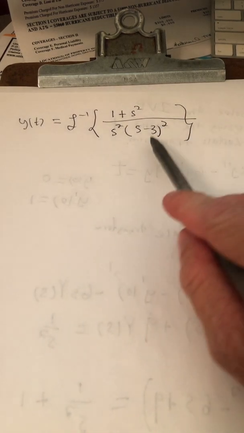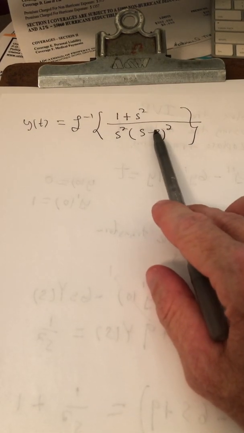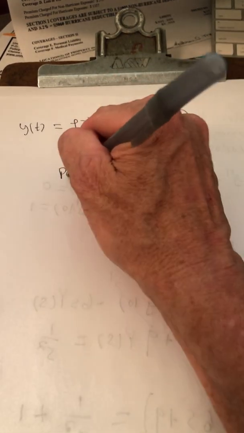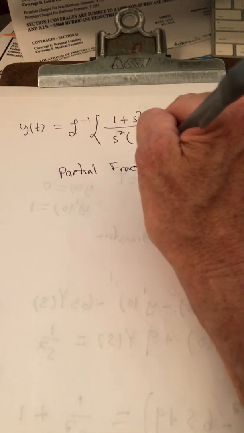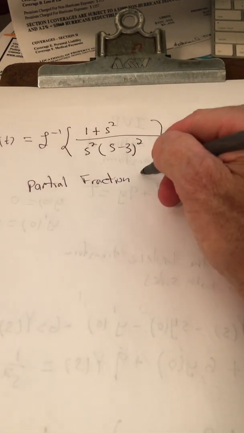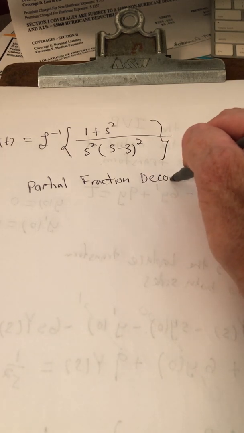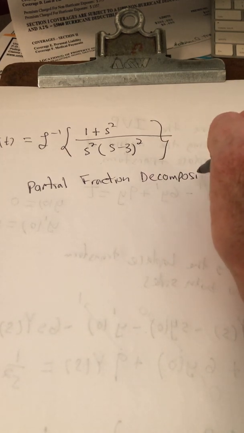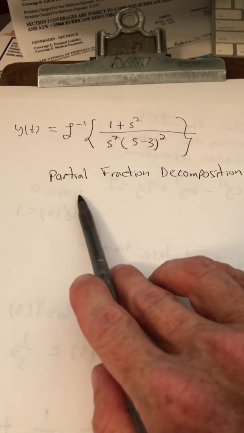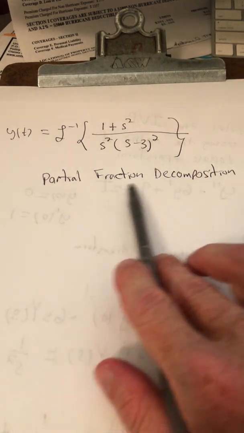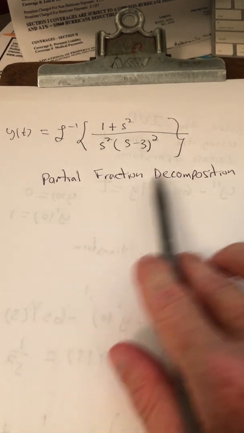Okay, just very basic. This is a list of operational properties. Now, in order to work with this, what we need to do is partial fraction decomposition. So you would have done that in Calc 2 when you studied methods of integration.